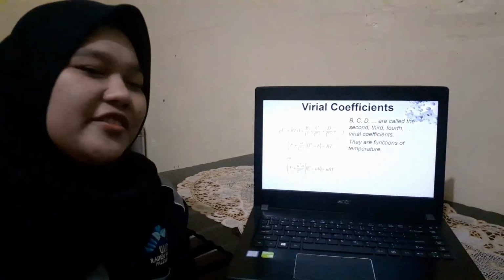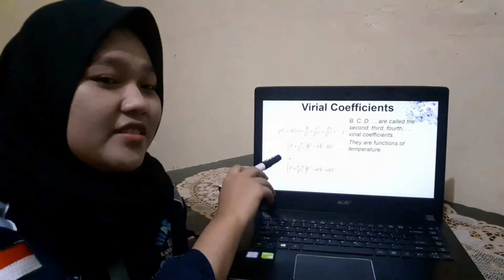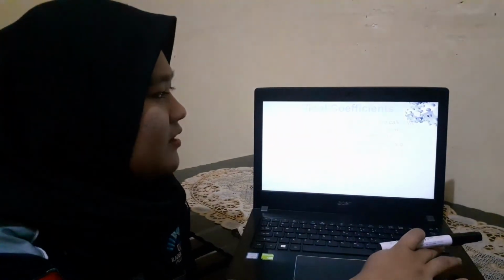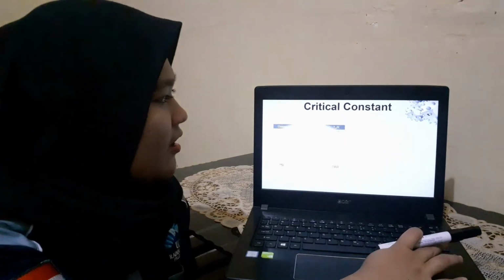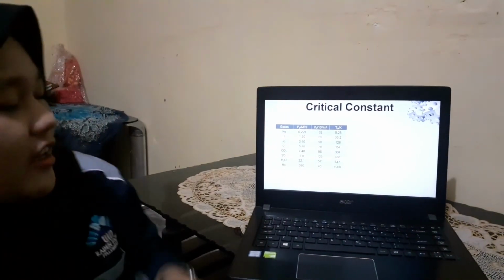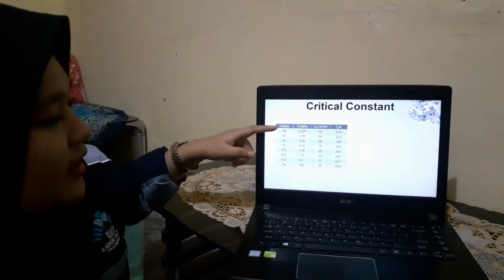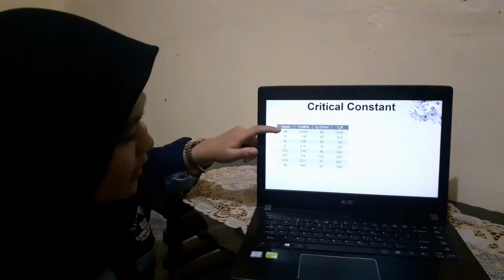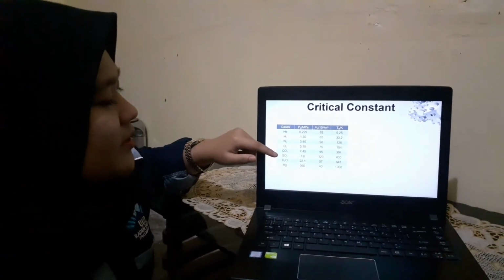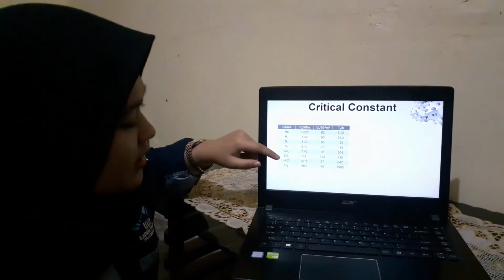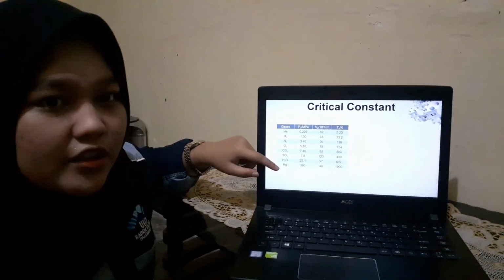Okay guys, after we know about Virial coefficients, next we will learn about critical constants. For the critical constants, I have some data for gases such as helium, hydrogen, nitrogen, oxygen, carbon dioxide, sulfur dioxide, water, and mercury.